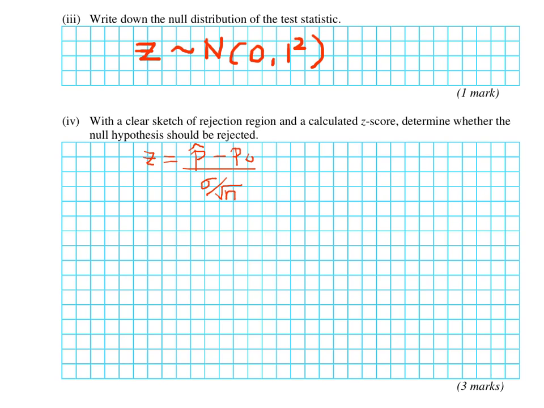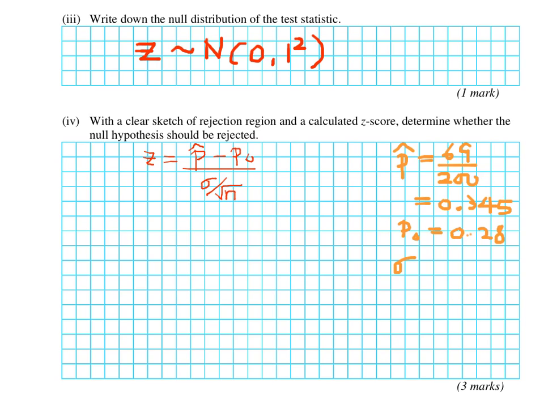And if you read through the questions, the p-hat estimate would be 69 over 200, so that would be 0.345, and of course p-naught is 28%, or 0.28, given earlier.